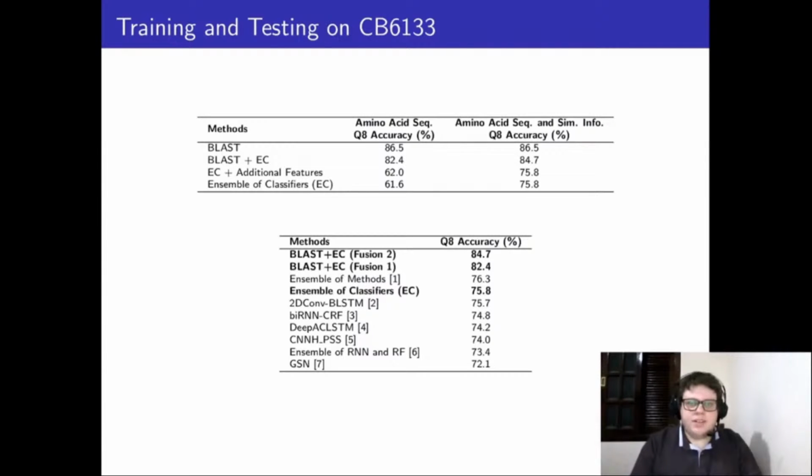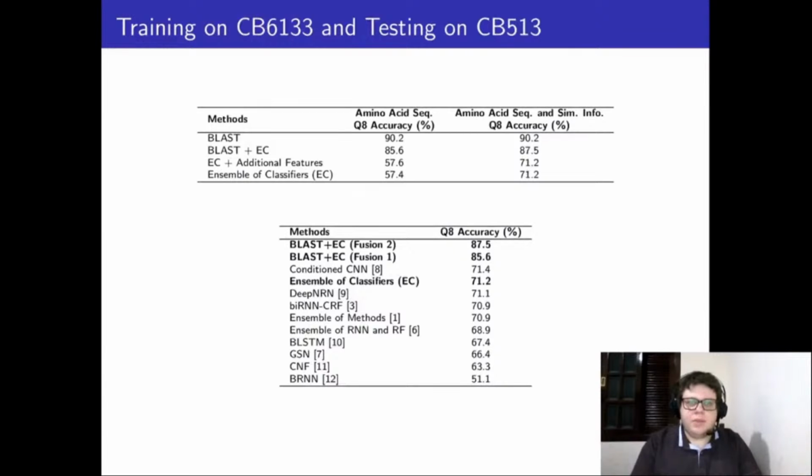The first table presents the Q8 accuracy using the amino acid sequence, and using the amino acid sequence and similarity information, for the ensemble of classifiers with additional features, BLAST, and the fusion of BLAST and ensemble of classifiers. The second table compares the results with the literature.